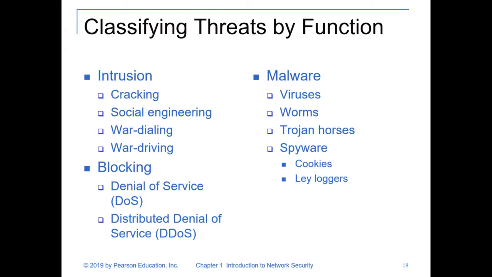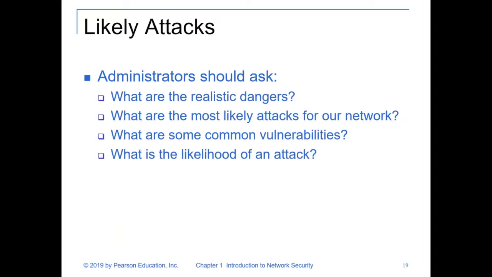We have to ask ourselves about the likelihood of attacks. Here we're going to look at identifying factors involved in assessing the likelihood of an attack. In this, we should consider using a rating system.